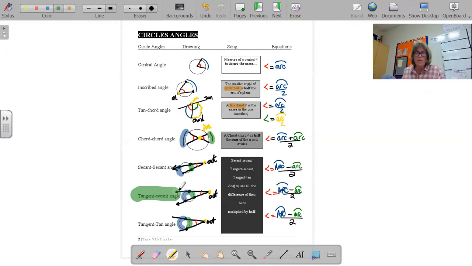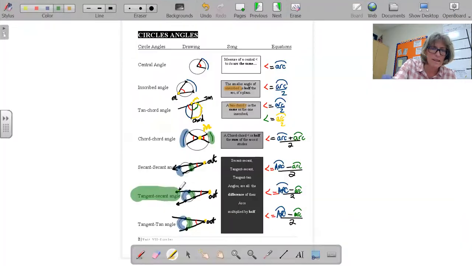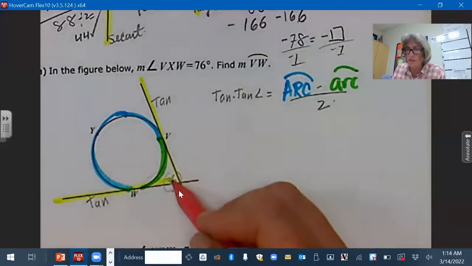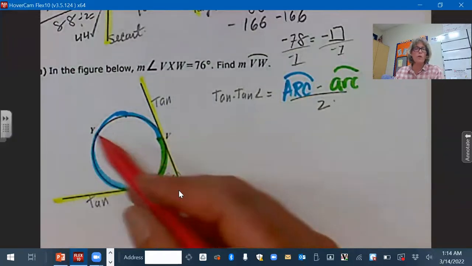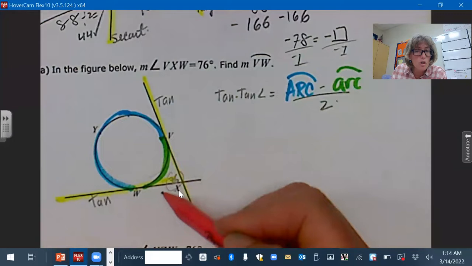Just be very careful about how you define this. Watch. This is an angle. So we put the 76 here, big arc minus little arc over 2. The problem is there's no arcs. So what do? Let me show you very carefully.